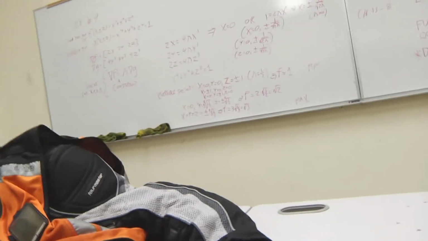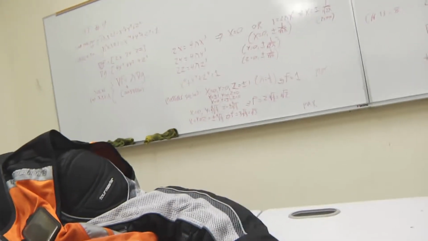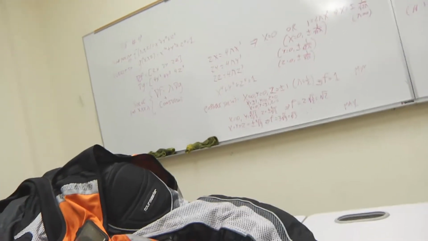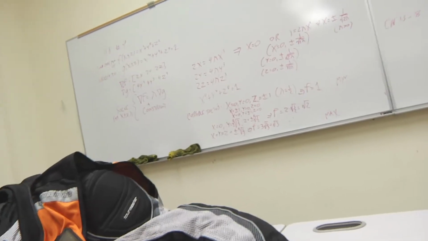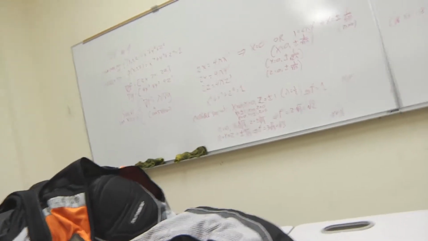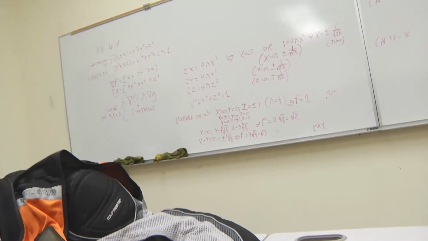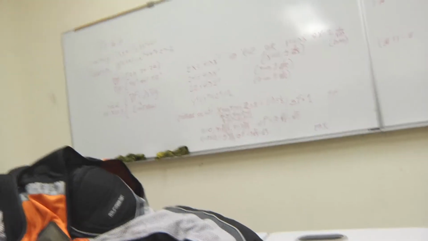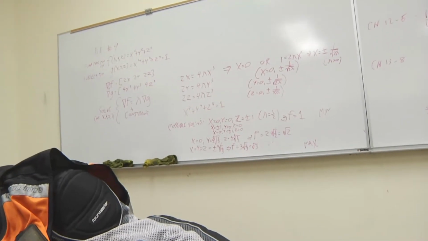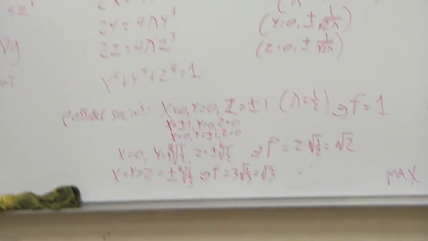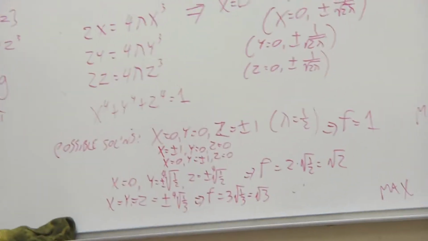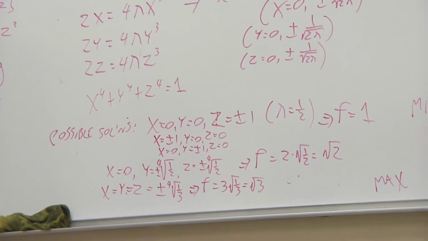So, yes? Could you have, say, for the second possibility, y equals plus or minus the fourth root of 1/4 and z equals plus or minus the fourth root of 3/4? No. These are the only possibilities. Now, if this problem was made with 4 variables, and everything else worked out the same, then yeah, you have more possibilities like that.